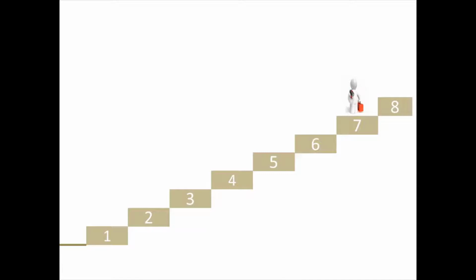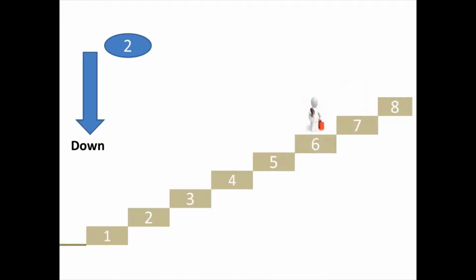Now our plumber uncle is at 7th floor and somebody asks him to come down. Correct, come down by 2 floors. Okay, so he comes down 1 floor and 2 floor. Okay, so he was on 7th floor and he comes down by 2 floor, and at which floor he is in right now?